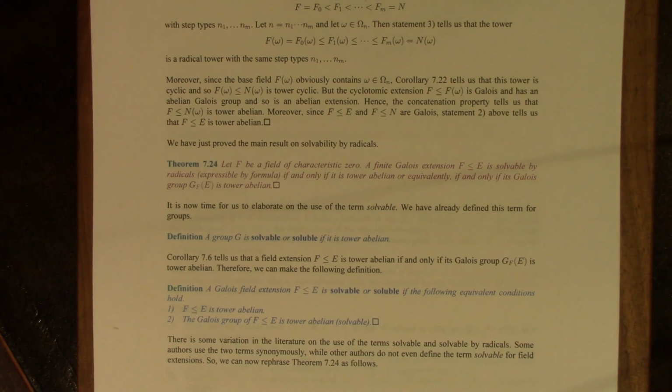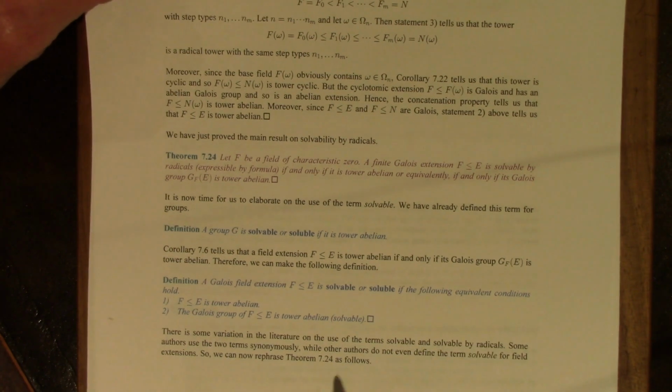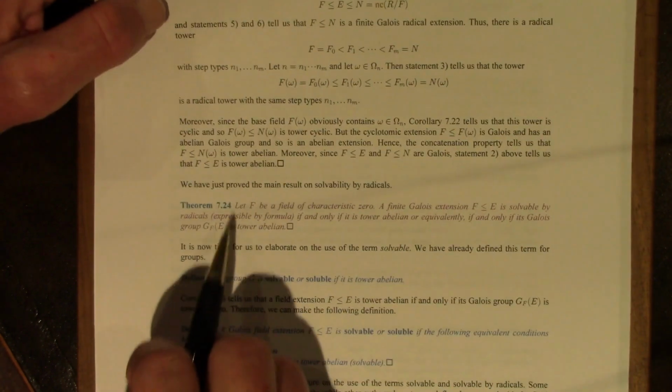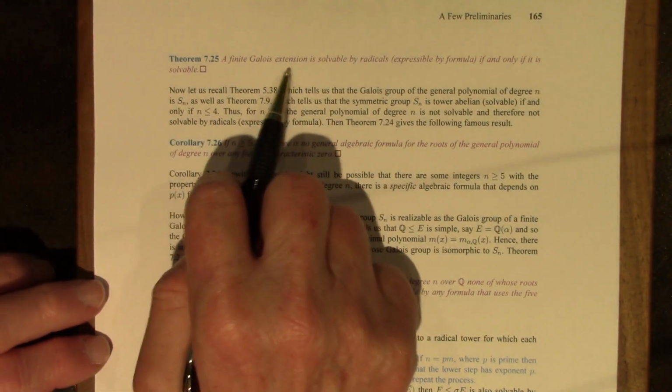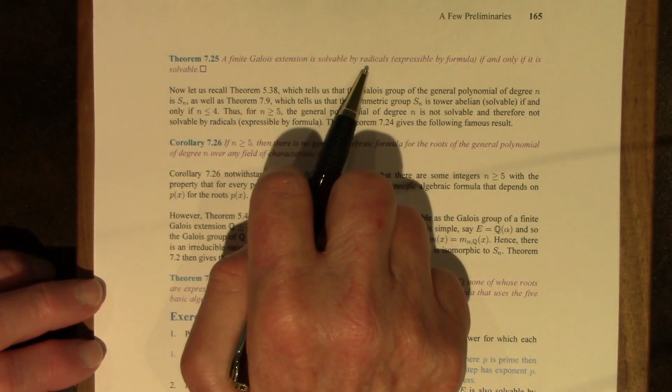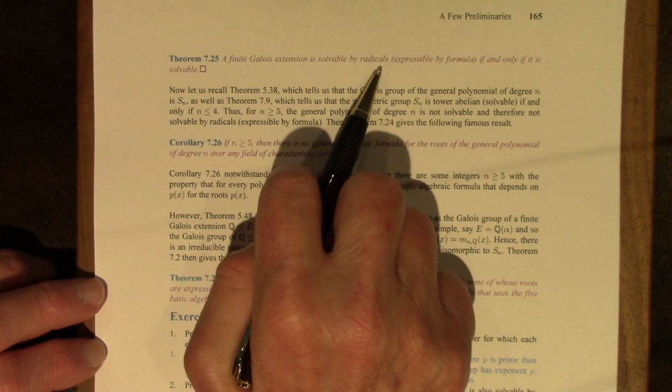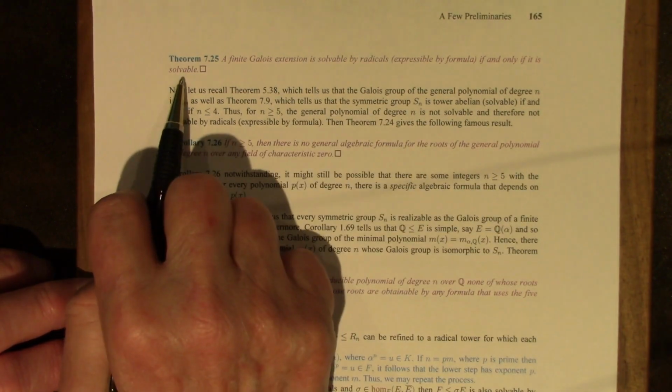Other authors don't even use the term solvable for field extensions, and I was tempted to do that myself. In fact, I did do that until just now, where I referred to those field extensions as tower abelian. Okay. But in any case, we can rephrase this theorem as follows. A finite Galois extension is solvable by radicals or expressible by formula if and only if it is solvable.